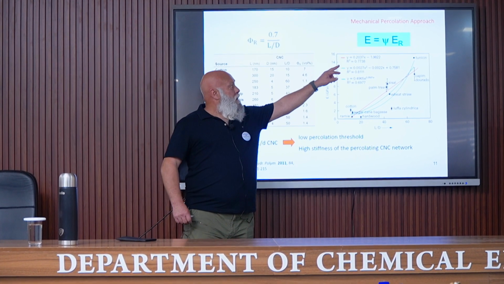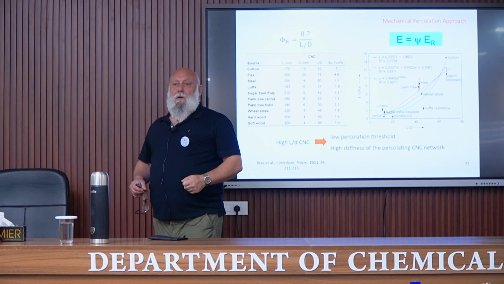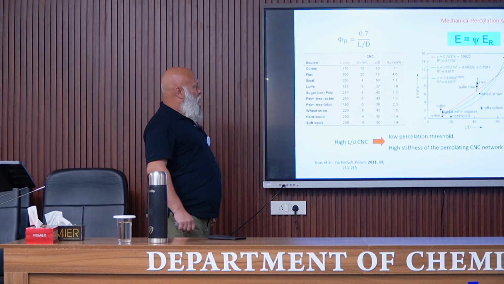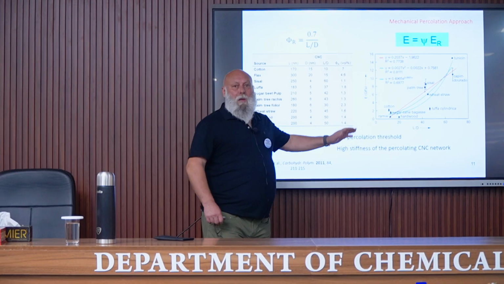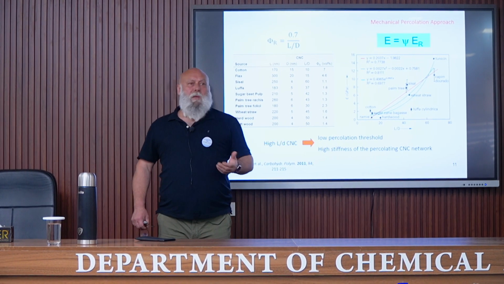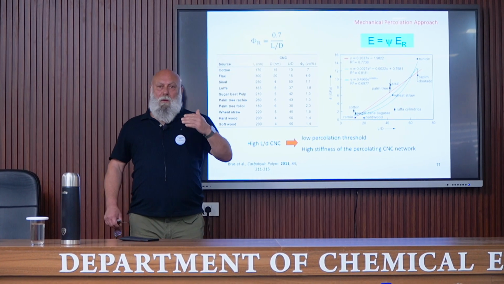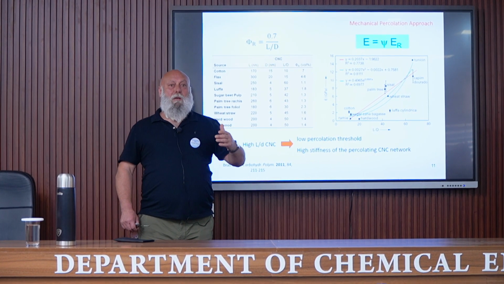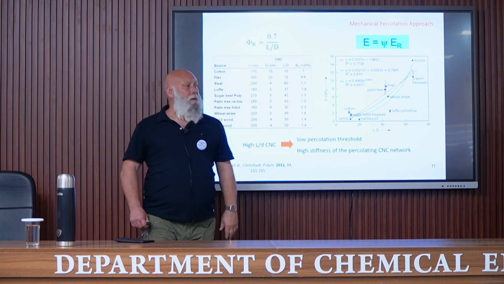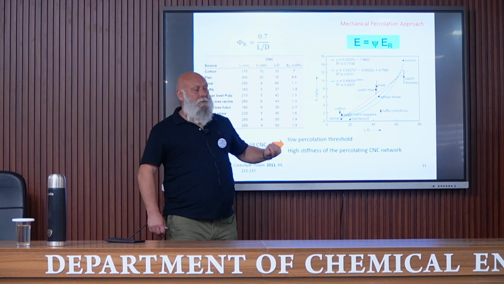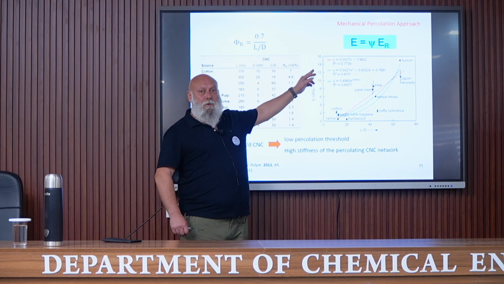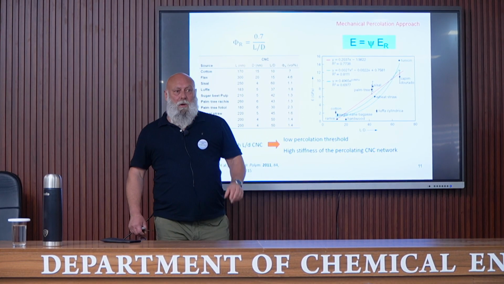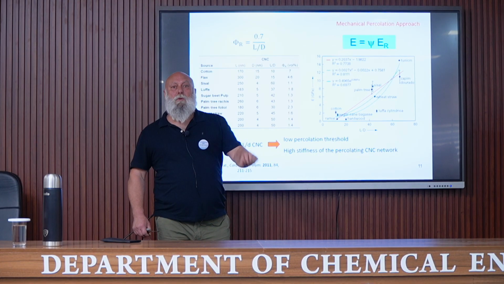The second parameter is the stiffness of the percolating network of nanocrystals. It has been observed, by performing tensile tests on nanopapers made from cellulose nanocrystals from different origins, that there is a kind of correlation between the modulus of the film and the aspect ratio of the constituting nanocrystals.